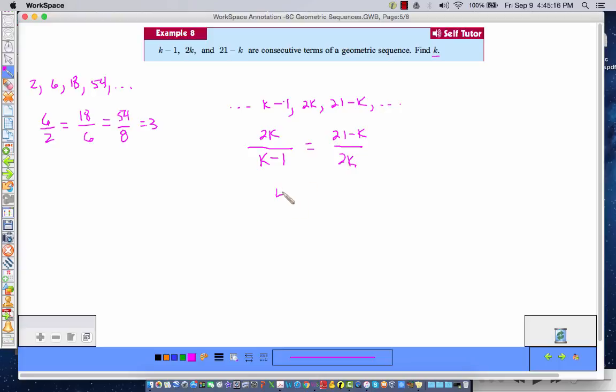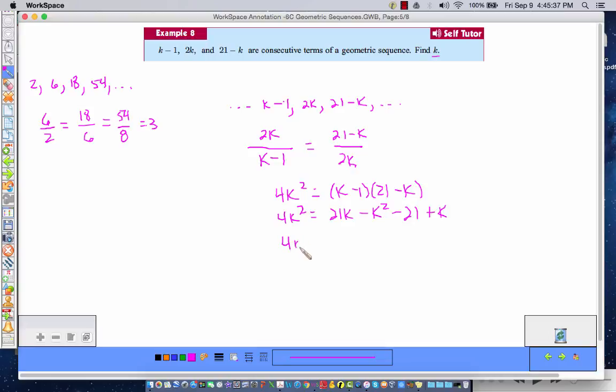So we cross multiply and we get 4k squared is equal to k minus 1 times 21 minus k. And so 4k squared would equal 21k minus k squared. Expanding this, minus 21 plus k. Clean that up a bit.